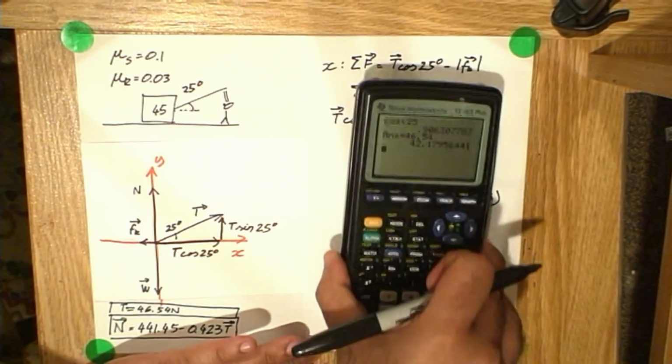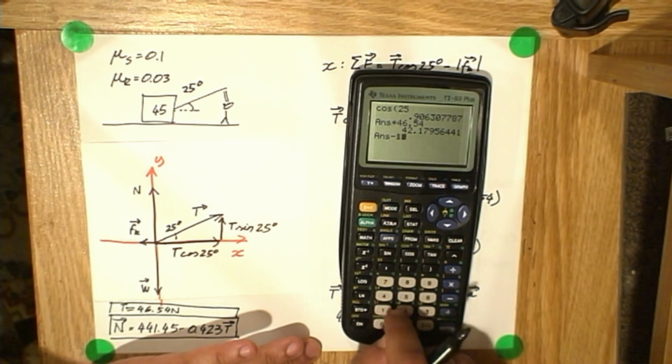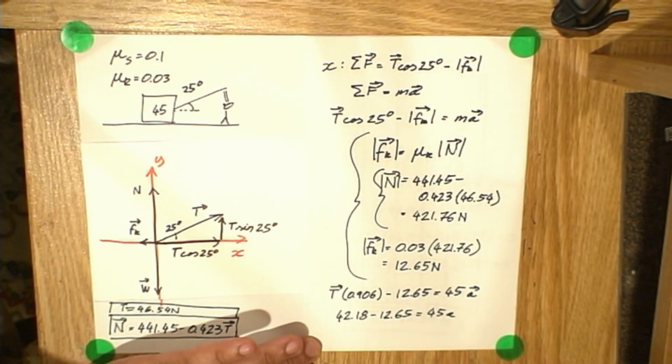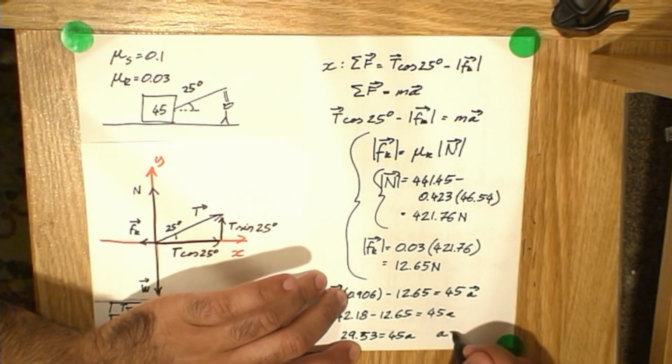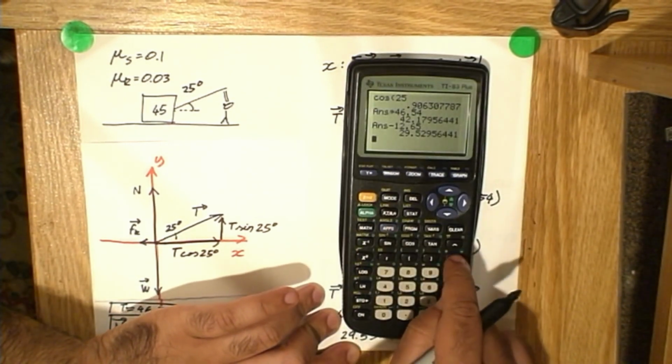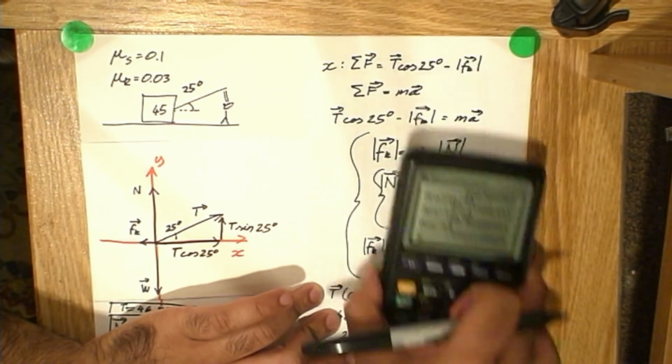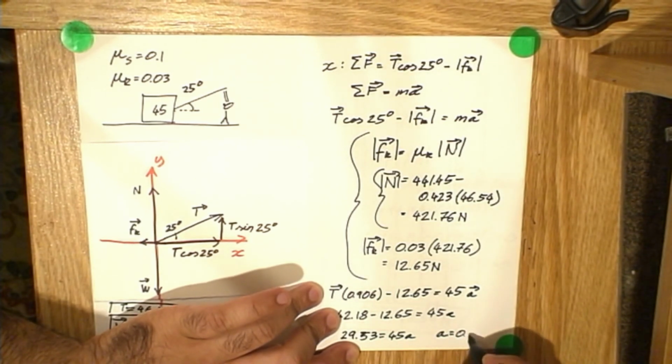So 42.18 minus 12.65, that gives us 29.53. And dividing both sides by 45, we get an acceleration of 0.66. And this would be in the i-hat direction.